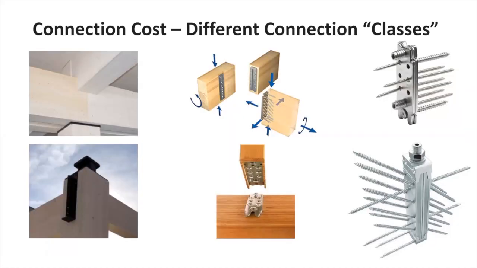In order to quantify this for my model, what I did was to break connections down into 4 different classes. A simple class 1, which is just a bearing connection, like the one that you just saw. Another one step up, which is driven by bearing, but with some custom steel components included as well. And then I moved up into class 3, which is a proprietary connection, which is hidden.